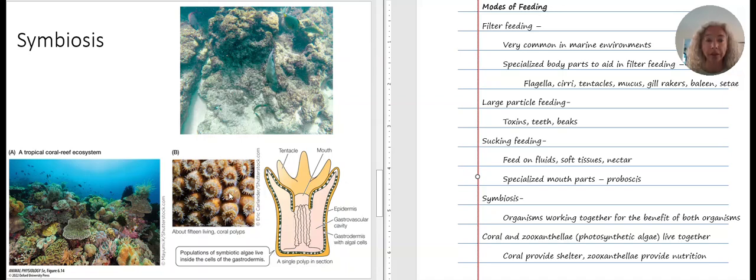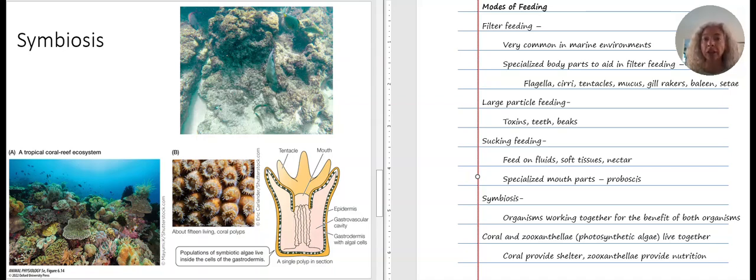This would be one polyp here, and then a whole coral like this is many polyps. But they actually have a skin layer here, a gastrodermis, and you can see the little algae cells living in there.